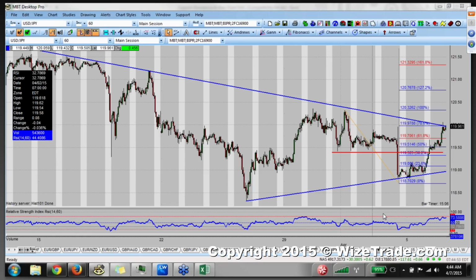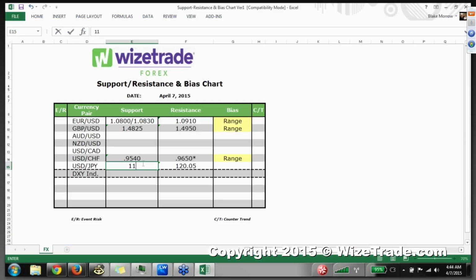This 120 level is also a 786. So just really pretty key resistance up here. Support's going to be back down at 119.70 today.